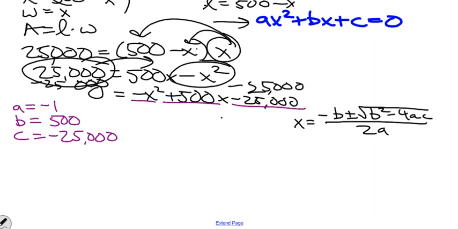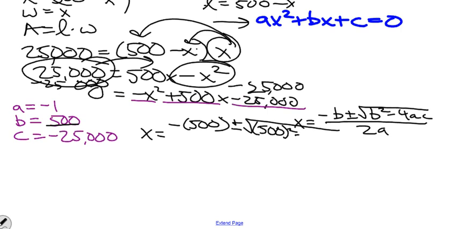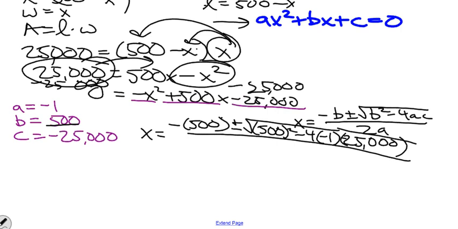So we're going to get x is equal to negative, I put 500 in because that's b, right? Plus and minus the square root of, I should have written this down a little lower, 500 squared minus 4 times -1 times my c, which is the negative 25,000, all over 2 times a, which is 2 times -1.